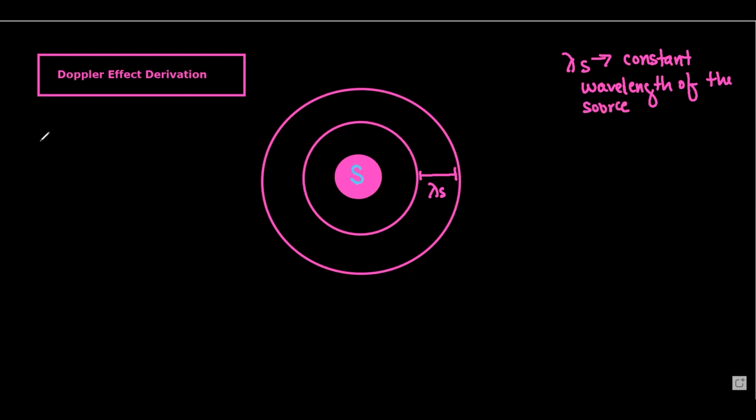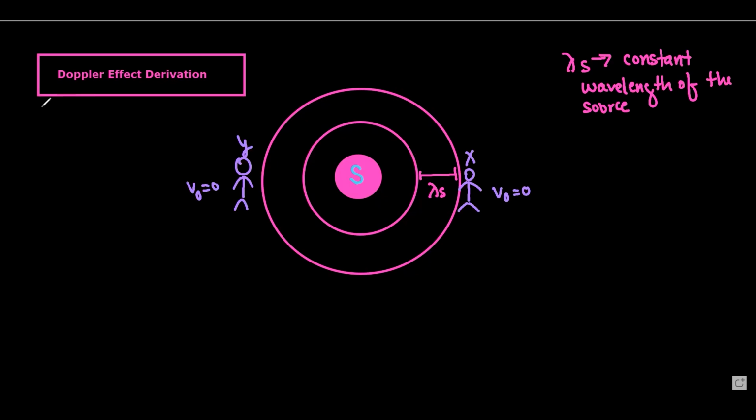All right, now let's provide here two observers, an observer X and another observer Y. Since the observers have zero velocity, they're not moving at all from their own position.